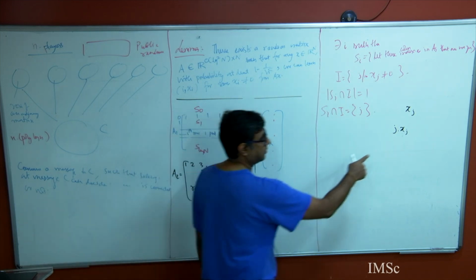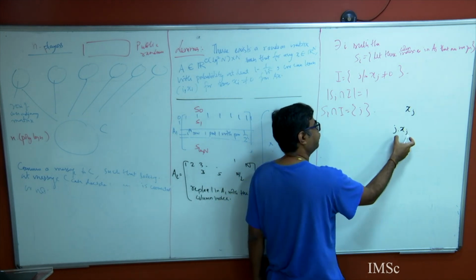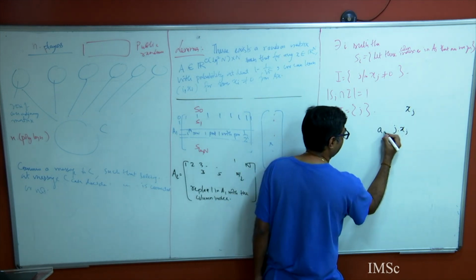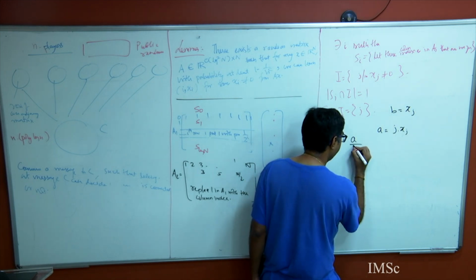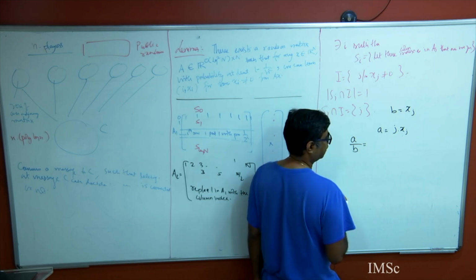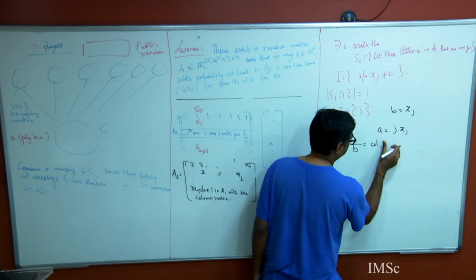So if this property were true, the first is what I called A last time, and the second is what I call B. If I divide B by A, then I get the index.